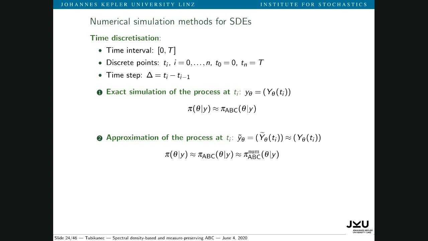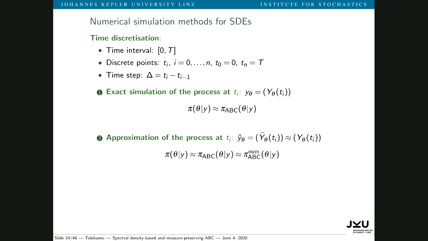The first one, and this is very rarely the case, is that we can have exact simulation of the process at these discrete time points Ti. It means the data that we simulate really corresponds to realizations of the output process. It also means we do not introduce a further level of approximation, and we still sample from our ABC posterior. This will be possible when we can derive an explicit solution of the SDE.